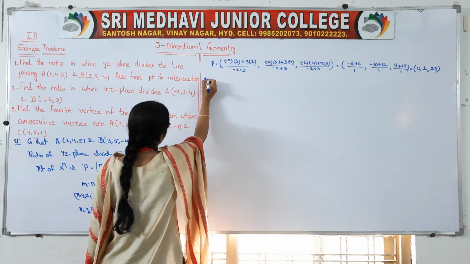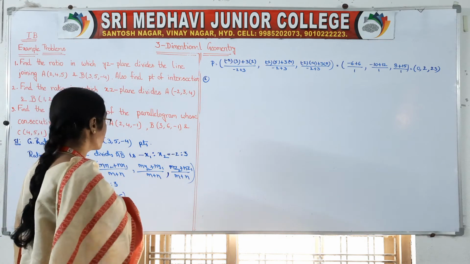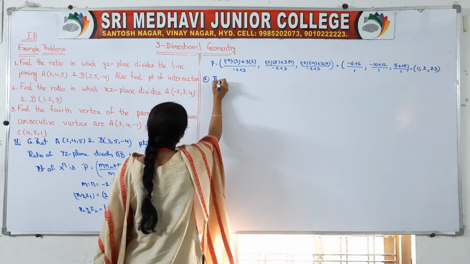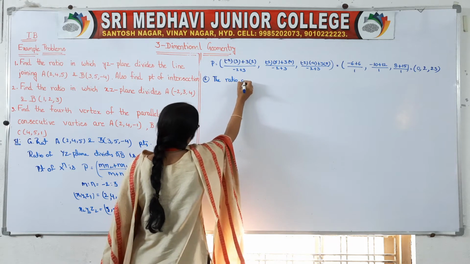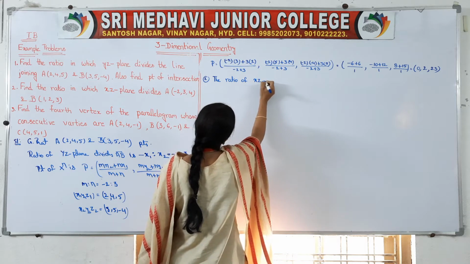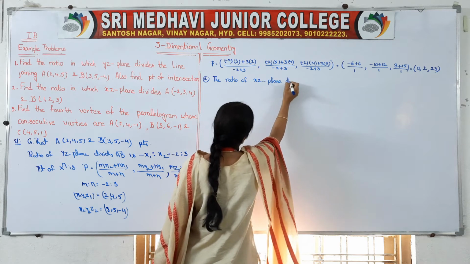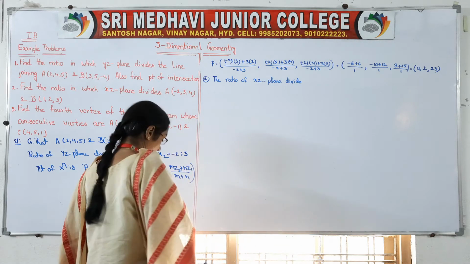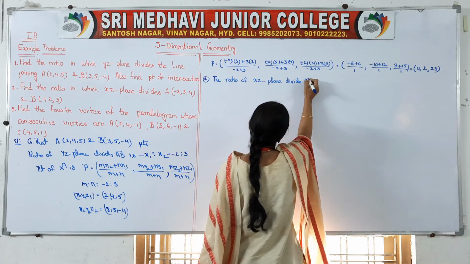What is the second question? Find the ratio at which the xz plane divides the line AB, right?